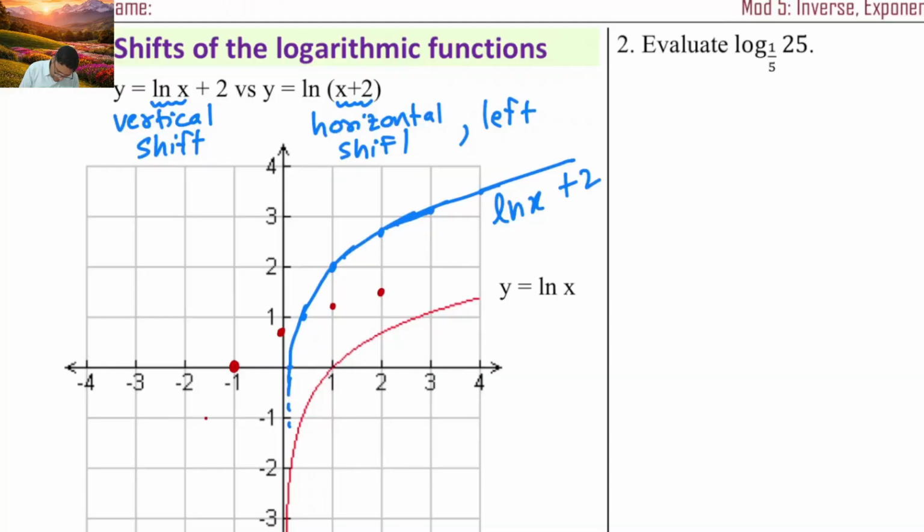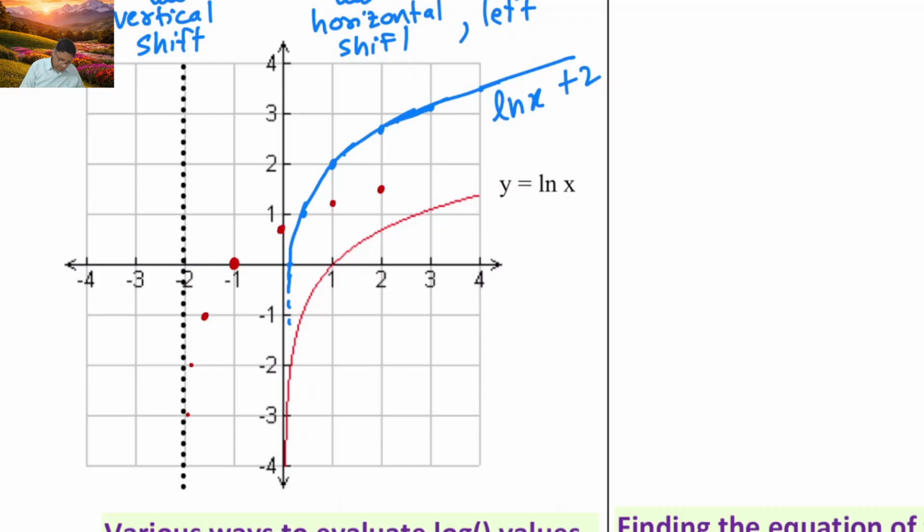And it will then decrease here, everything 2 units to the left. And an important thing is you can sketch the graph of the asymptote. So x equals negative 2 would be your new asymptote.